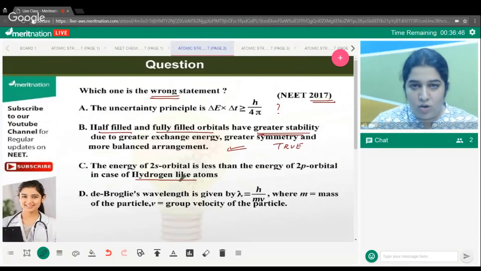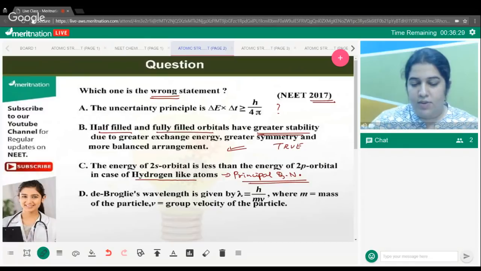For hydrogen-like atoms or ions, the energy is only considered on the basis of principal quantum number.